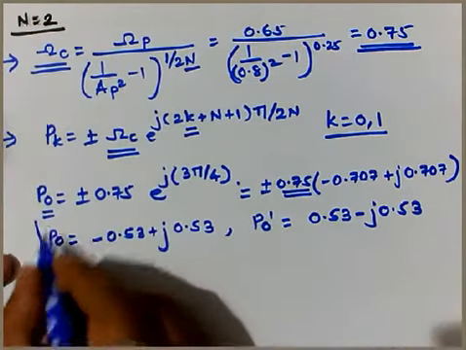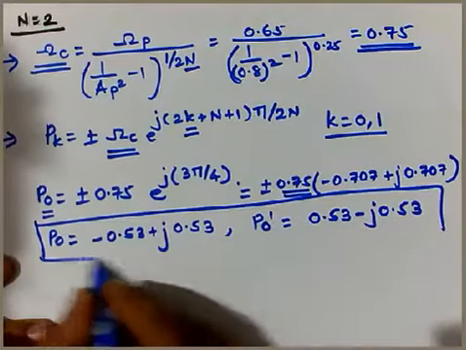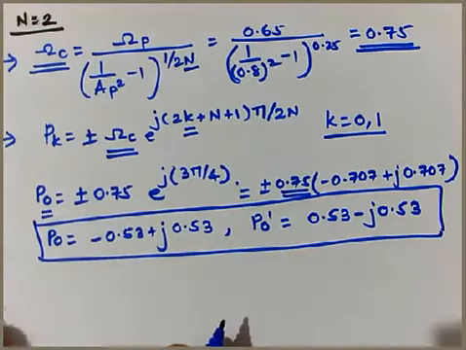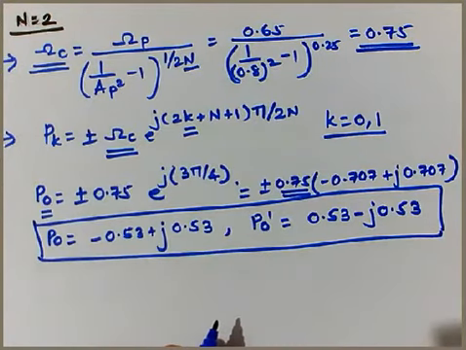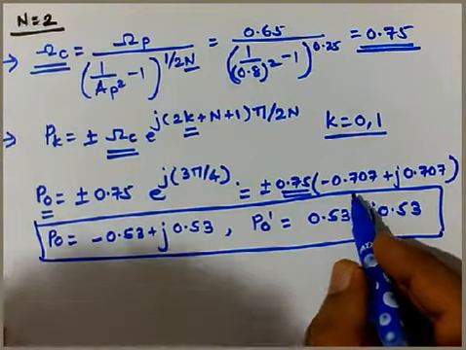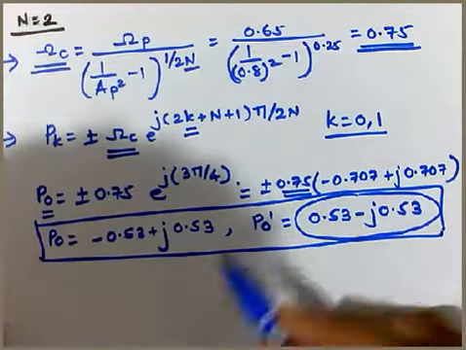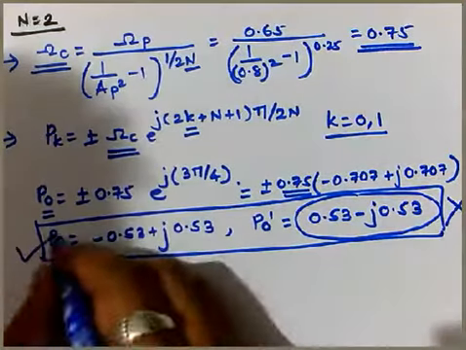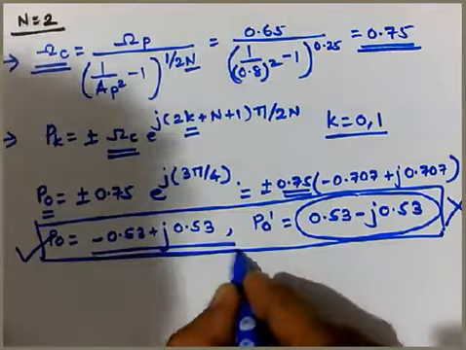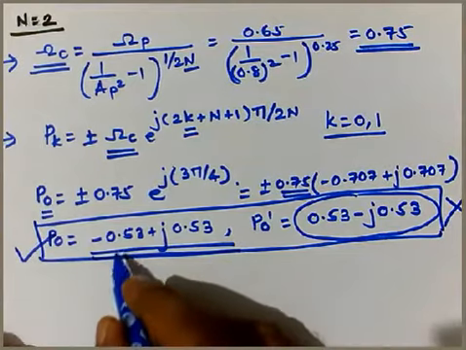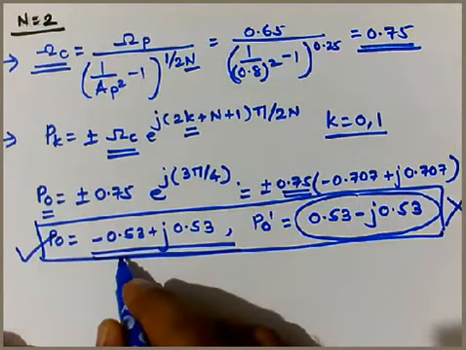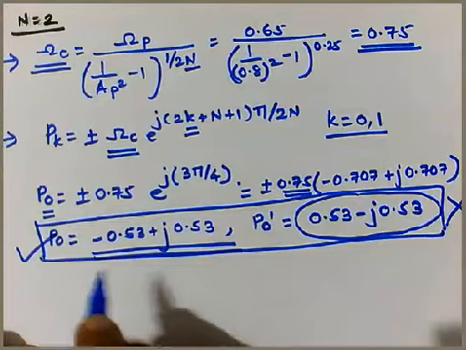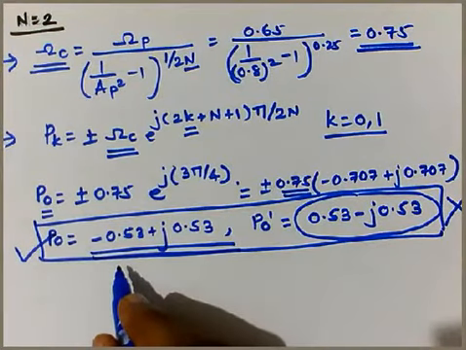But out of these two values of the poles, the value which lies towards the second or the third quadrant will be accepted, and the other value will simply be neglected. So, considering the plus/minus coefficients of x and y respectively, this value will be discarded and this value is selected, since it lies in the second quadrant. This is how the value is selected.